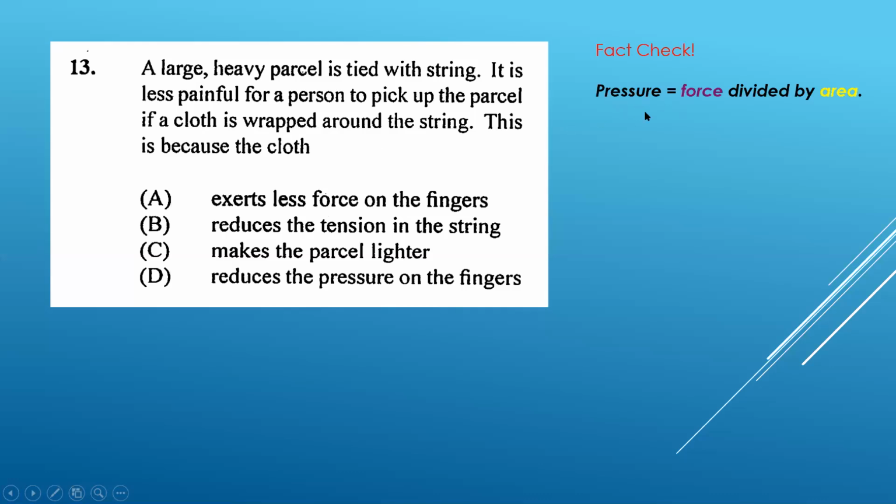The string exerts a large pressure, but if the cloth is wrapped around the string, then the area that the finger is exposed to becomes greater, and so if the area is greater, then the pressure will be less. All right. So your answer should be reduces the pressure on the fingers. So that's B.